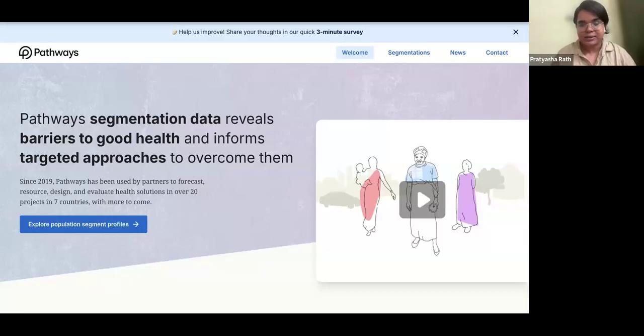So let me start with where I, as an implementer today, would probably think about. I know that Pathways is a platform that makes sense of data in a way where we have moved away from just a very clinical understanding of health to including more things which are social. So moving from biomedical to social is something that I understand Pathways provides me.